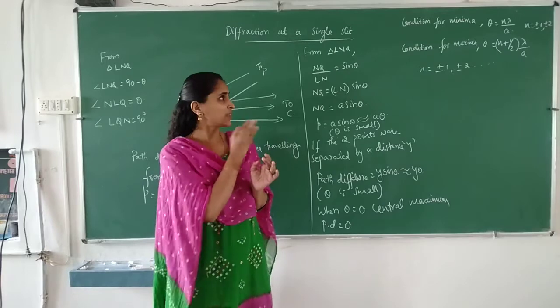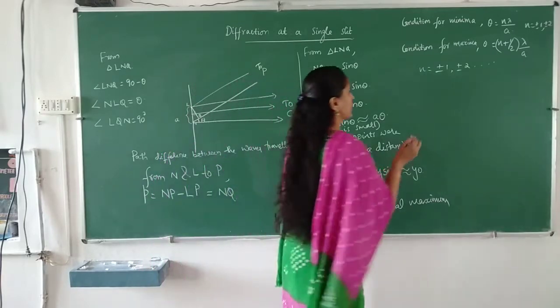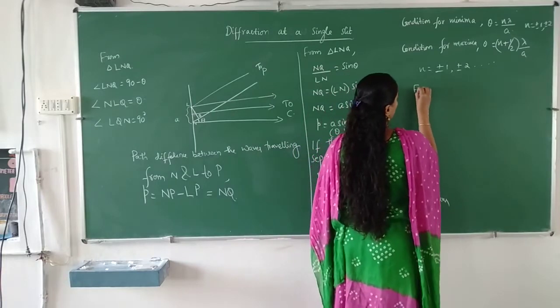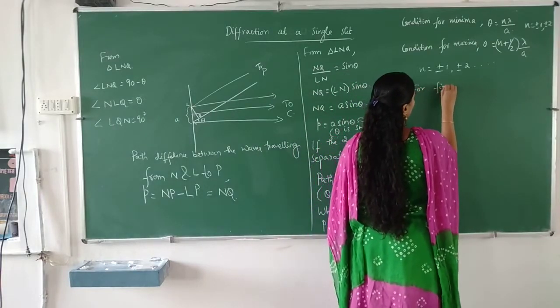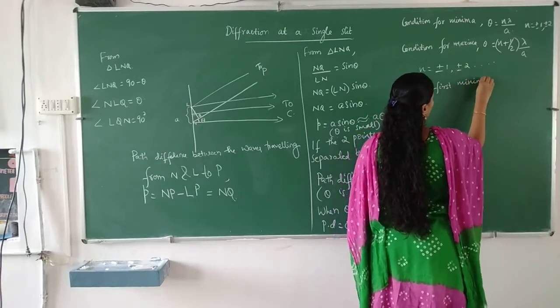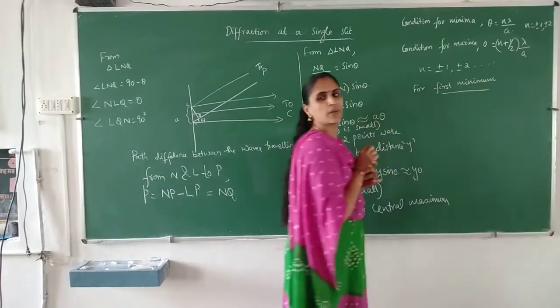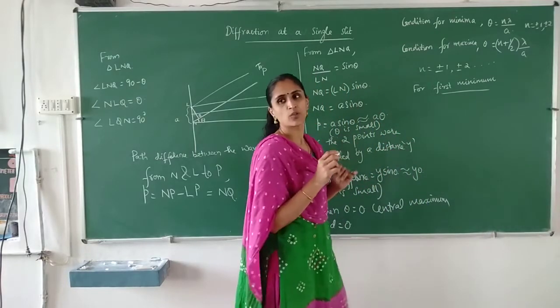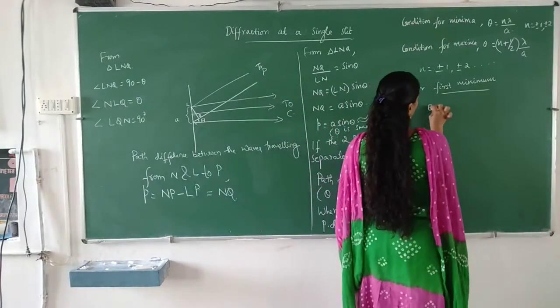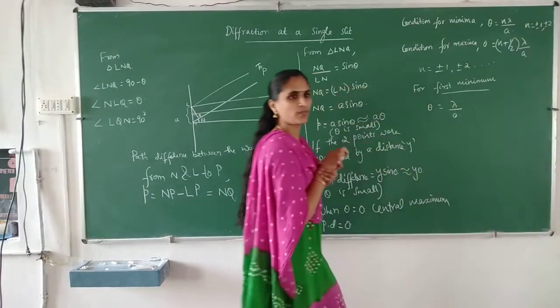Now we can check whether it is true or not. So first, where will we get the first minimum? For the first minimum, n is equal to 1, so we can write theta is equal to lambda by a.